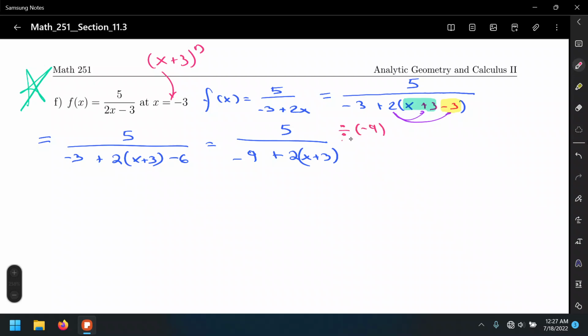When I also divide by a negative, this positive turns into the negative in the 1 minus u.